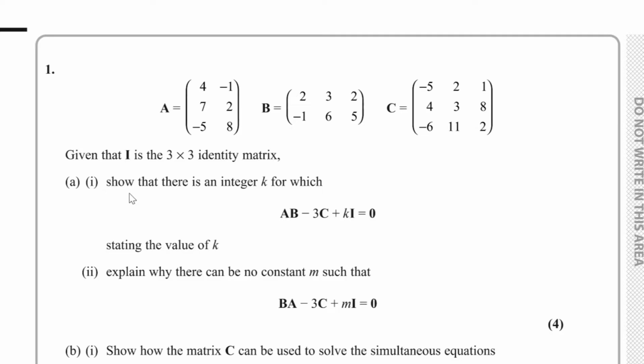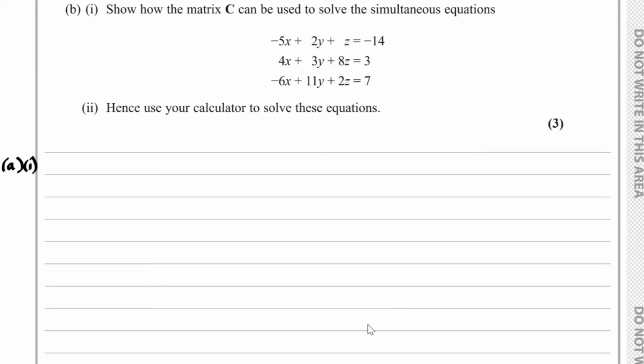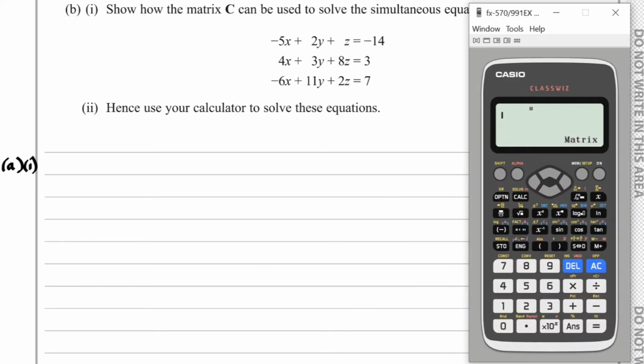Now for the first part of part A, we have to show that there is an integer k for which AB subtract 3C plus k times the identity matrix is equal to the 0 matrix, stating the value of k. So for the first part of part A, what we need to do is work out the matrix AB.